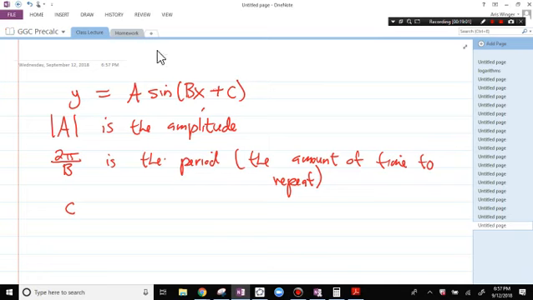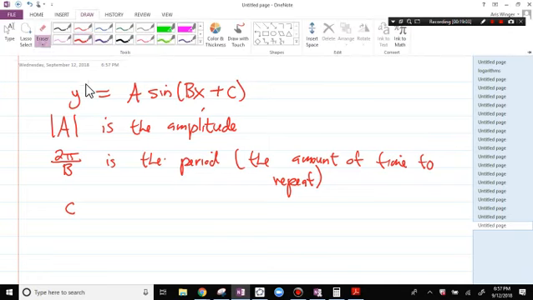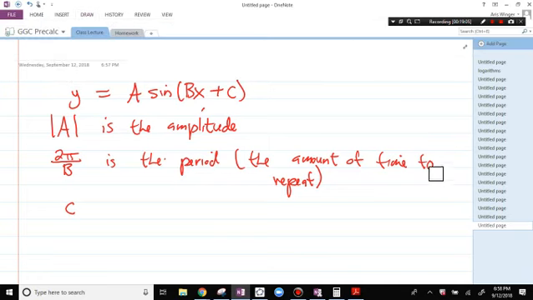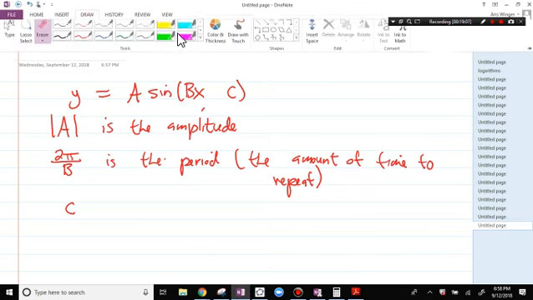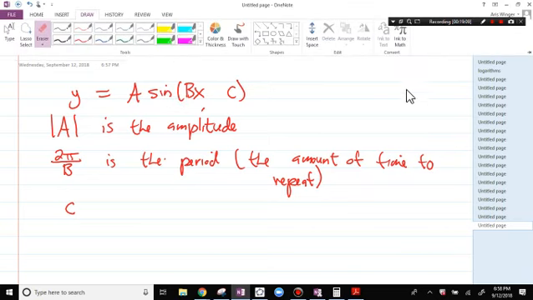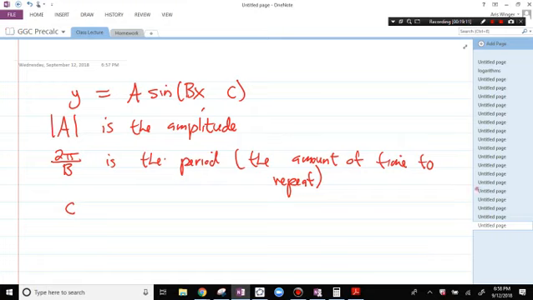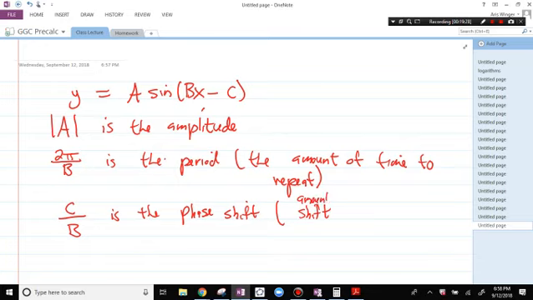Again, the standard way is putting a minus sign here, bx minus c. It doesn't matter, but they love writing it as bx minus c. I think it's because here we can just write this: c over b is the phase shift, the amount of the shift, left or right.